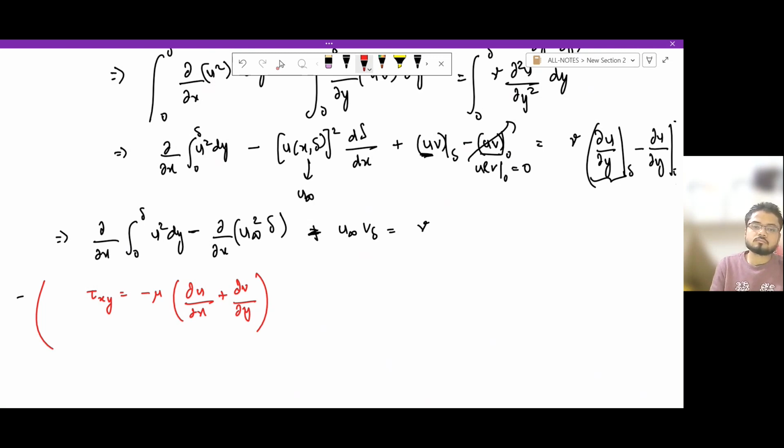Right? No, not right, wait, I'll have to clear it off. Yes, del u over del y plus del v over del x. So we already know this from the derivations of the Navier-Stokes equations.